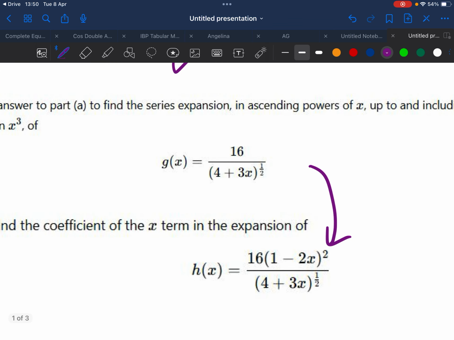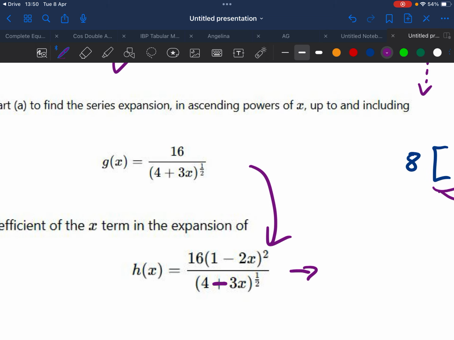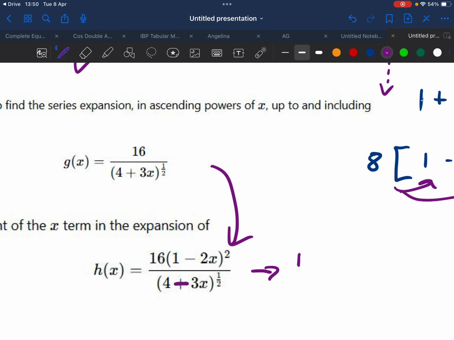Let's just change this one here. What did we have in the previous question? If I rewrite this, the 16 over 4 minus 3x to the half. Can you see that that's still in there? And what's new is this bit here.